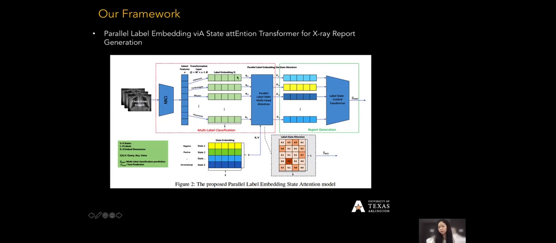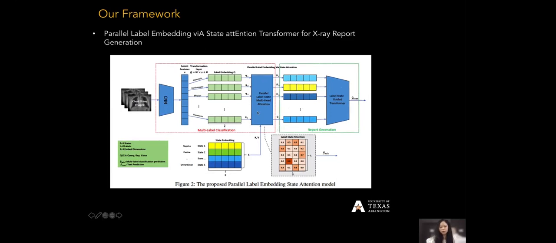Then we use a label-state multi-head attention to further learn the attention between the different labels. Based on this latent label attention model, we go to transformer decoder layers to output the report.